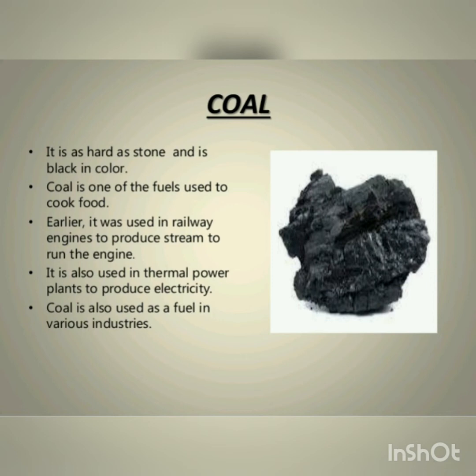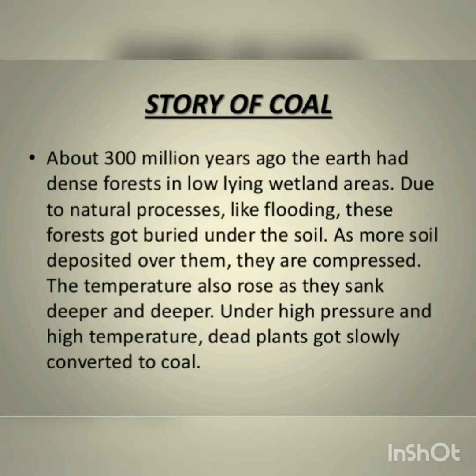The temperature also rose as they sank deeper and deeper. Rose means high temperature. So these dead plants slowly got converted to coal. As coal contains mainly carbon, the slow process of conversion of dead vegetation into coal is called carbonization.